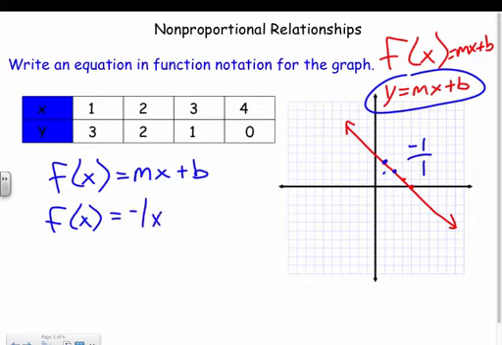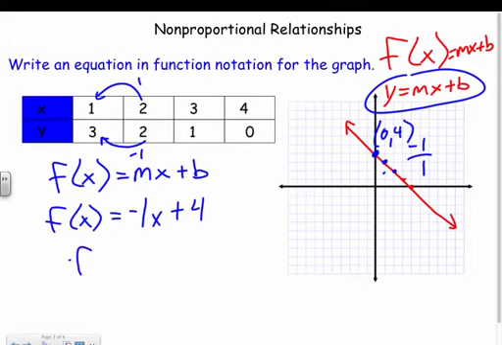And I could find that by subtracting, right? 2 minus 3 is negative 1. 2 minus 1 is 1. Rise over run. Okay, either way. My y-intercept, well, I have it right here, don't I? It's at (0, 4). So I know my y-intercept is 4. So let's simplify my equation up here.